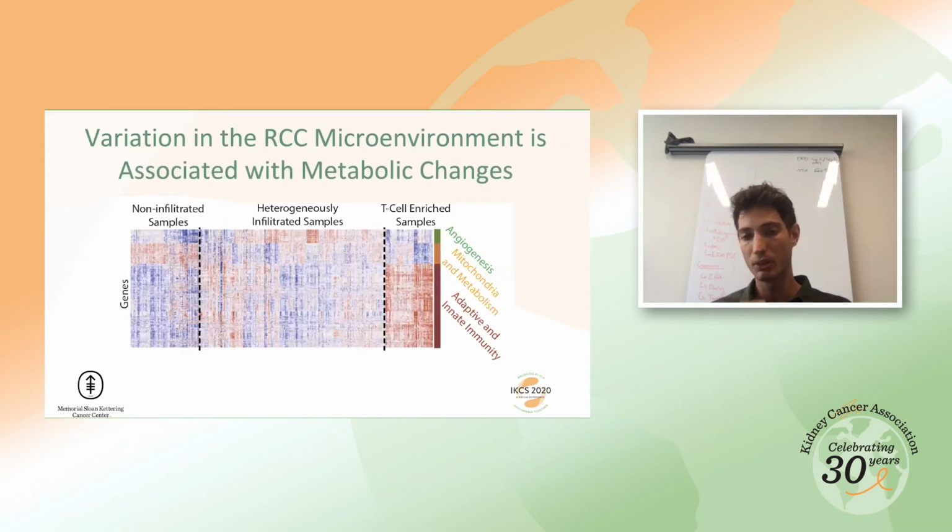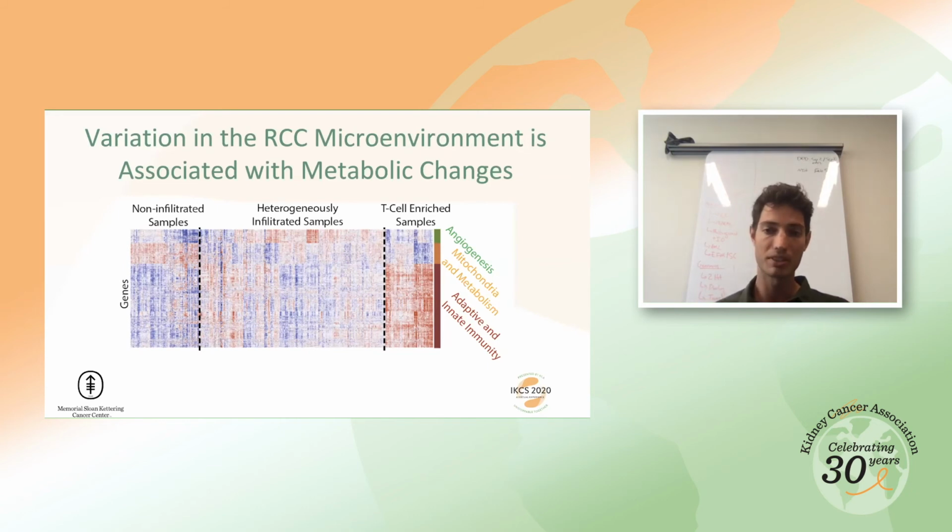Now, that kind of intuition becomes interesting when you think about how the composition of the tumor microenvironment might influence bulk metabolomic measurements. And what got me really intrigued was an observation that my colleague Ari Hakimi made, where he took TCGA data and stratified tumors by whether they were highly, modestly, or not at all T-cell enriched.